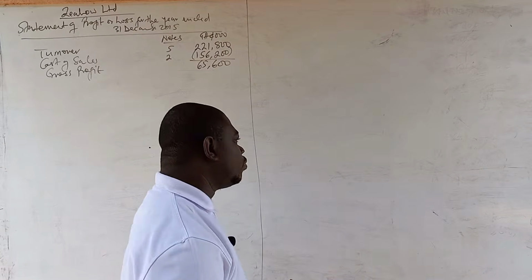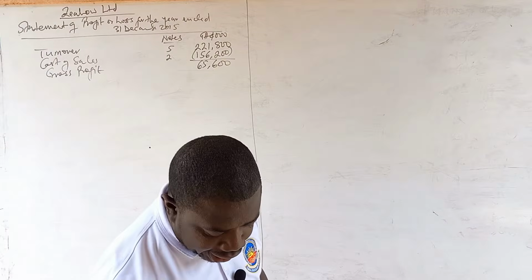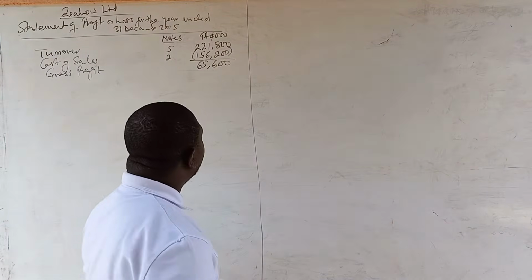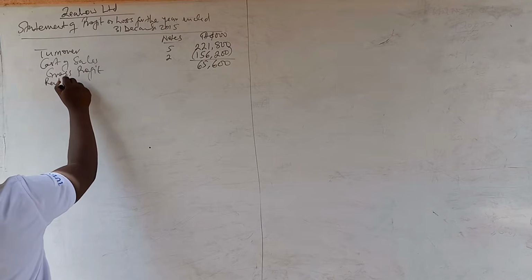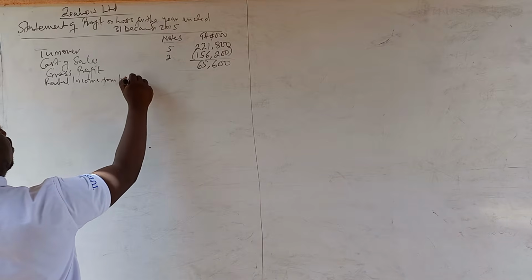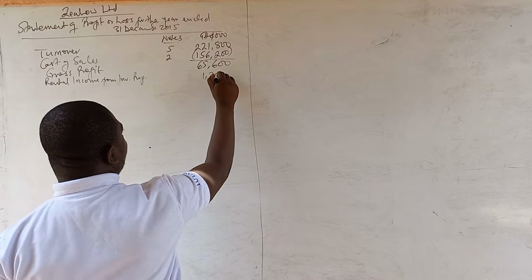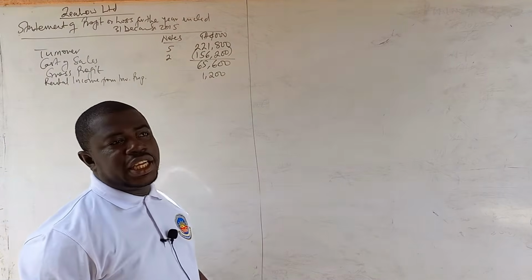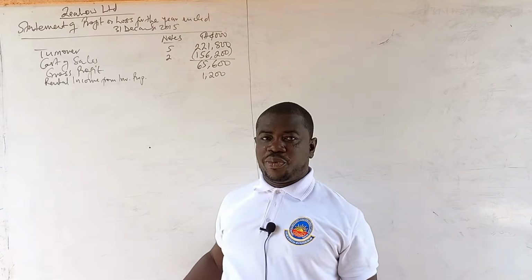So now that we have arrived at the gross profit, we move on to other income. Now, the only other income we have in this question is the rental income from investment property. That is directly in the trial balance as 1,200. And then I told you that we are not going to create any portion for other comprehensive income.